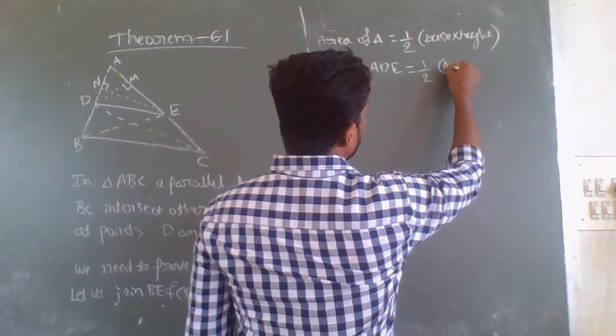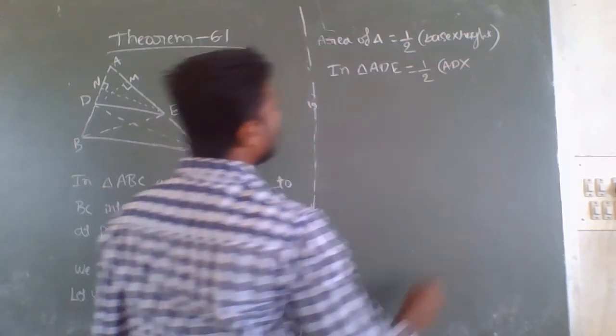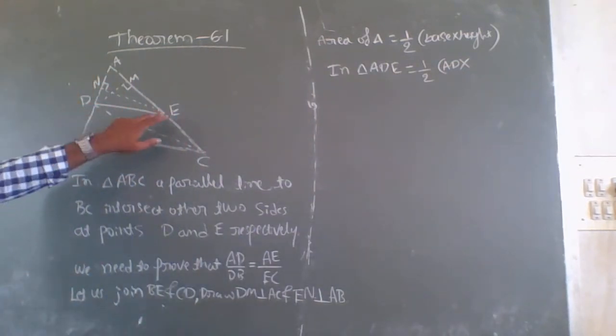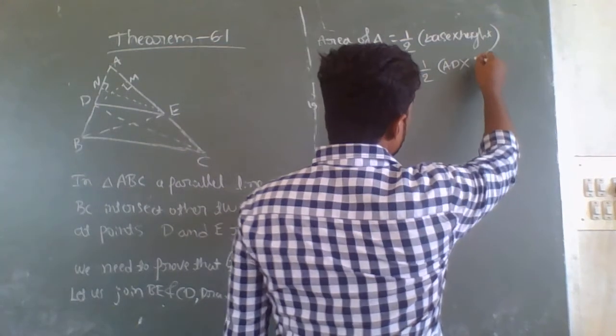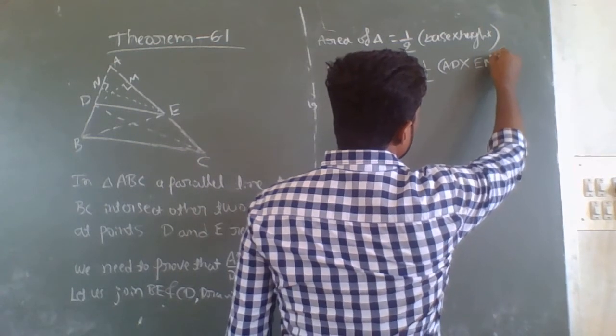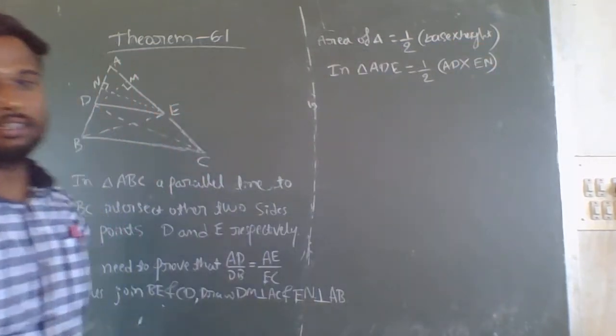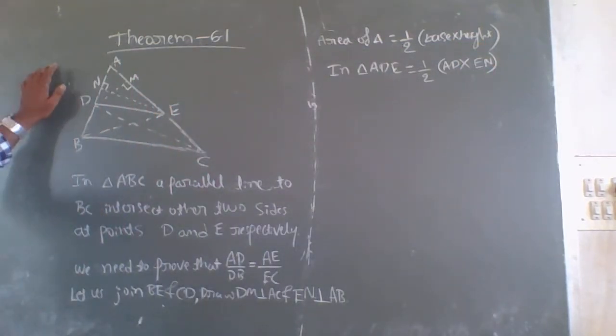Height is the perpendicular line to AB, that is EN. Therefore, 1 by 2 into AD into EN. So this is the area of the triangle ADE.